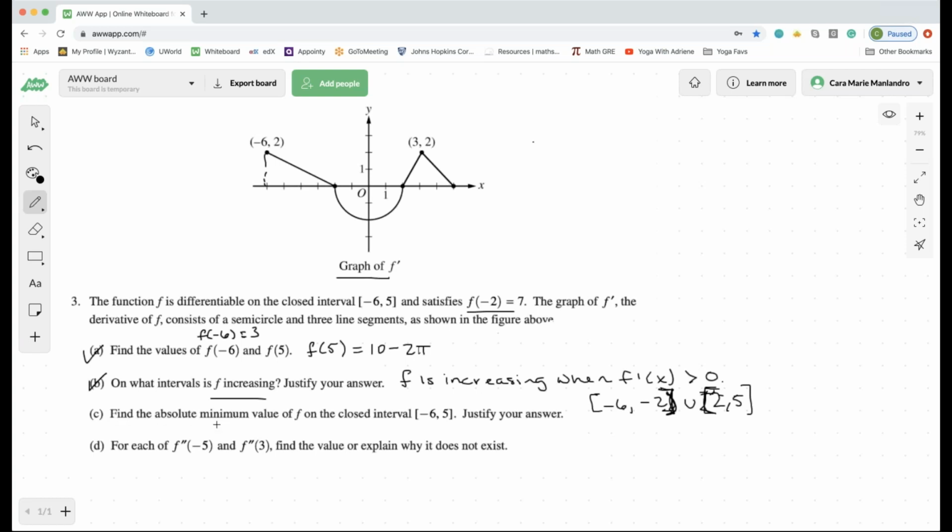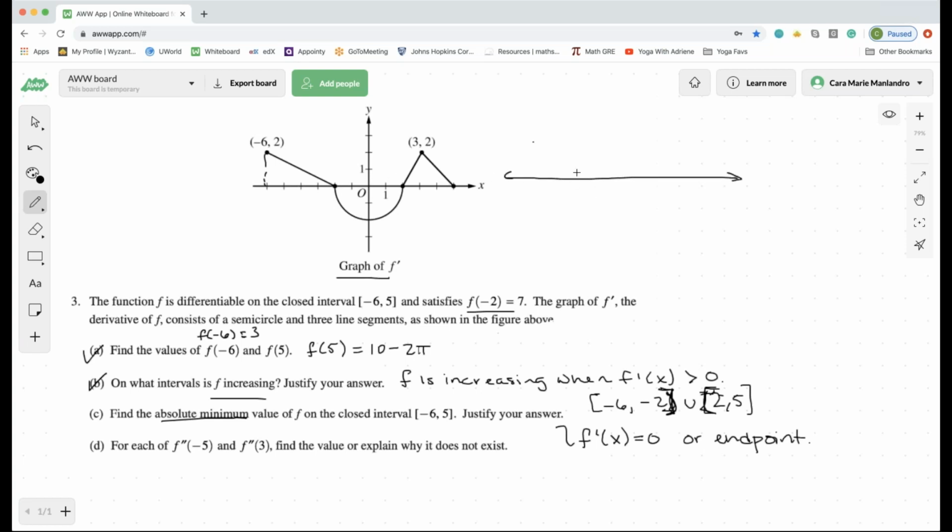So for part C here, find the absolute minimum. Okay, so for an absolute minimum, we have to be careful. We want to know where f prime of x is either going to be equal to 0 or it's going to be an endpoint. Remember when you have a closed interval, you always have to check your endpoints. If I look at my graph here, when is f prime of x equal to 0 on my interval?